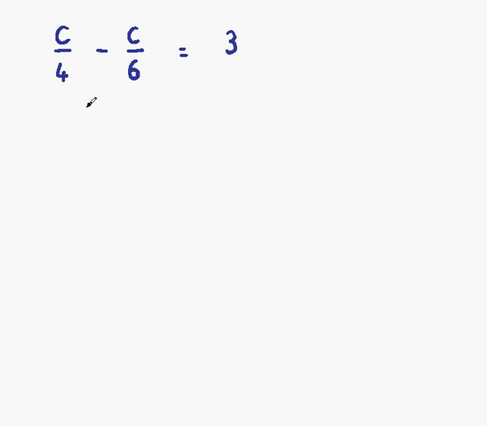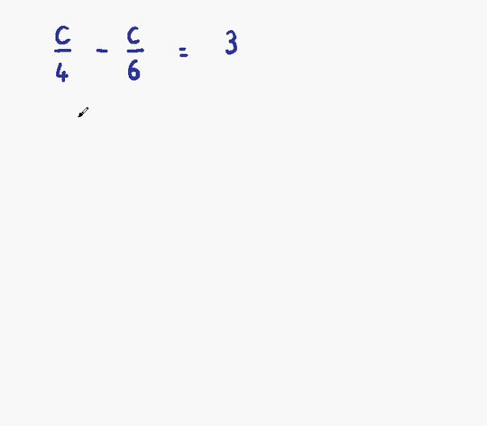So what should we multiply by in order to remove both the fractions at the same time? Well, what we need to do is think of something called the lowest common multiple, or LCM for short. What we're looking for is the smallest number that both 4 and 6 will go into. The smallest number that both 4 and 6 will go into is 12.